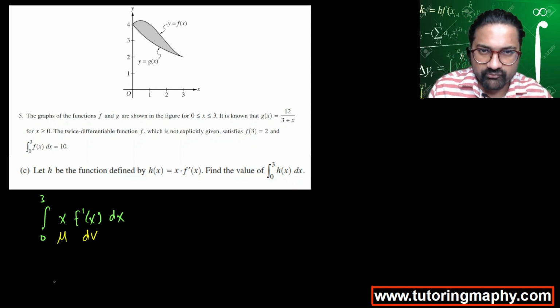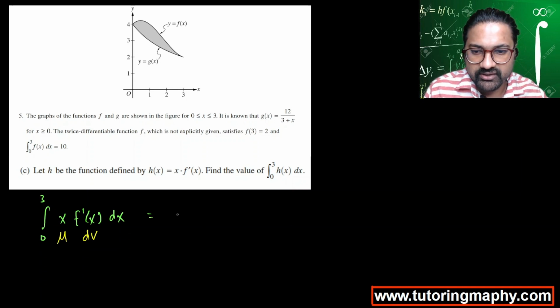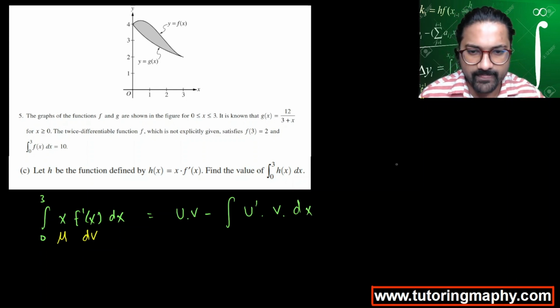So integration by parts tells us that this will be u times v minus the integral of u prime and v, and then just dx. That's what it says, right? Okay.